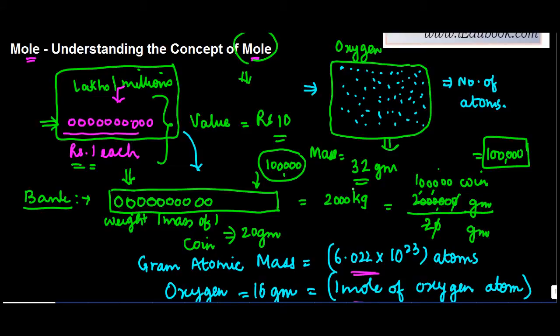We know that 1 mole of oxygen has how many grams? It has 16 grams, right? So this contains how many moles of oxygen? It contains 32 divided by 16, or 2 moles of oxygen, right? I hope this point is clear.